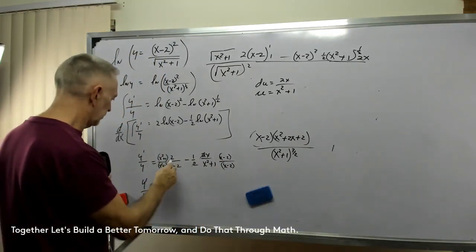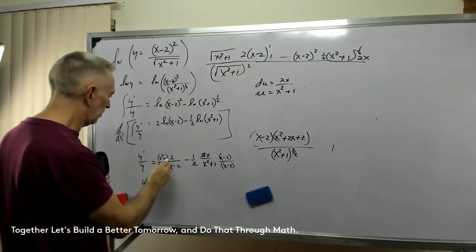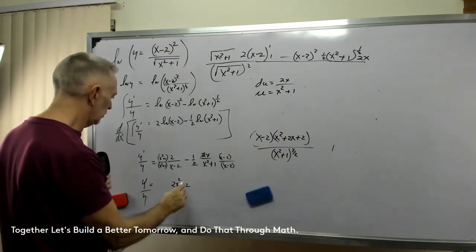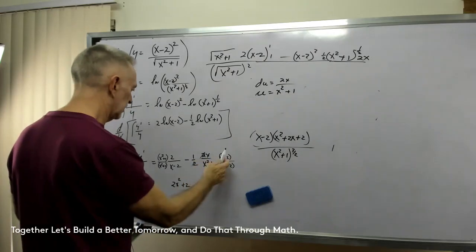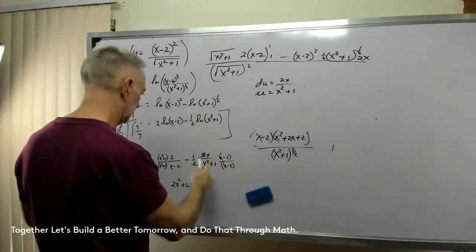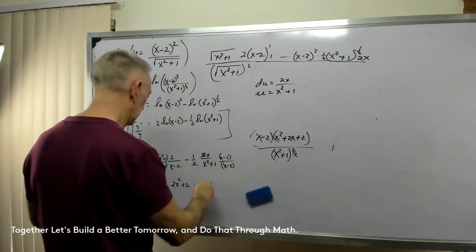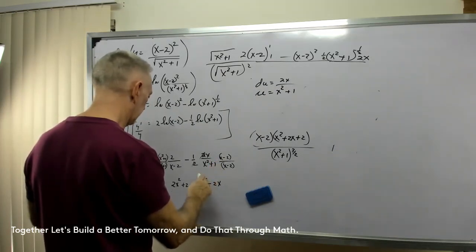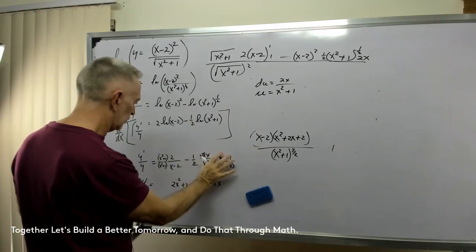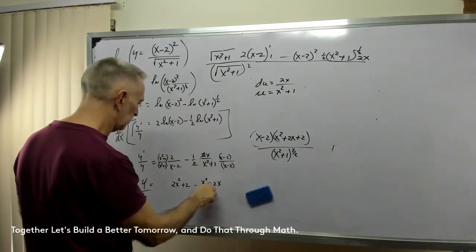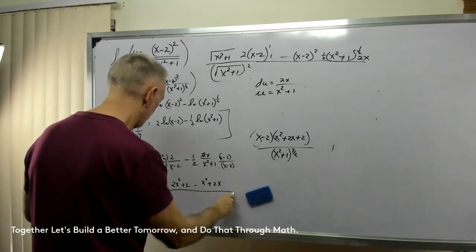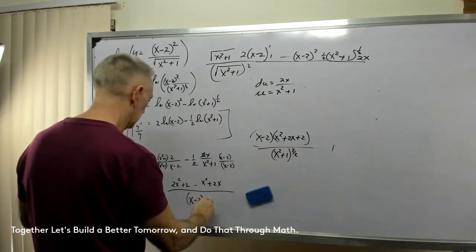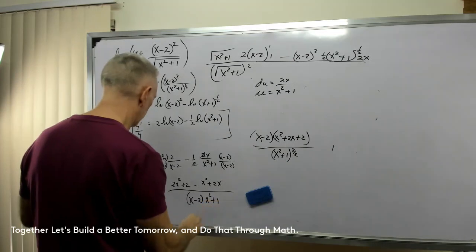We have 2 times (x squared plus 1), which is 2x squared plus 2, minus (x squared minus 2x). Keep in mind this is minus all of that, so it's minus this plus that, over (x minus 2) times (x squared plus 1).